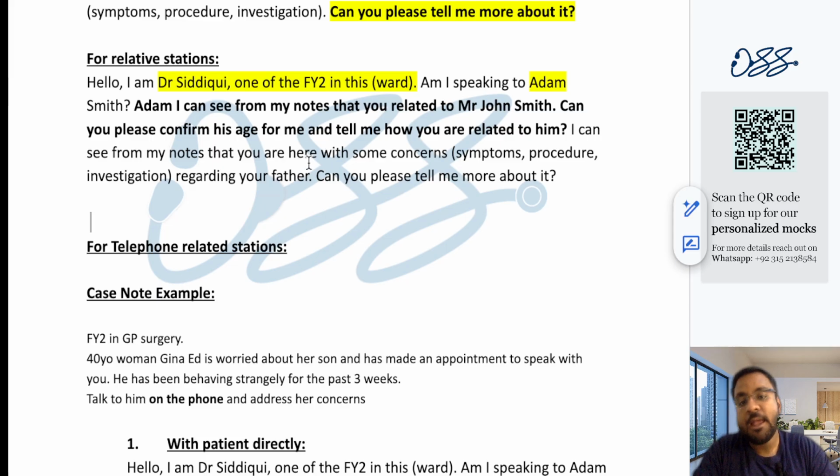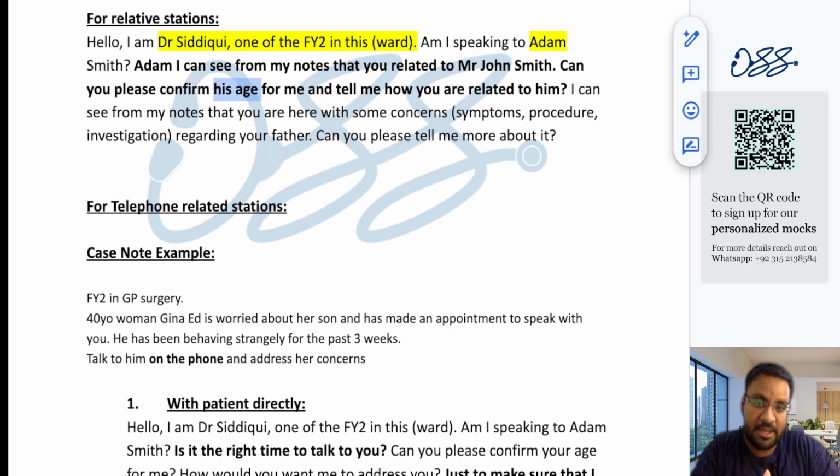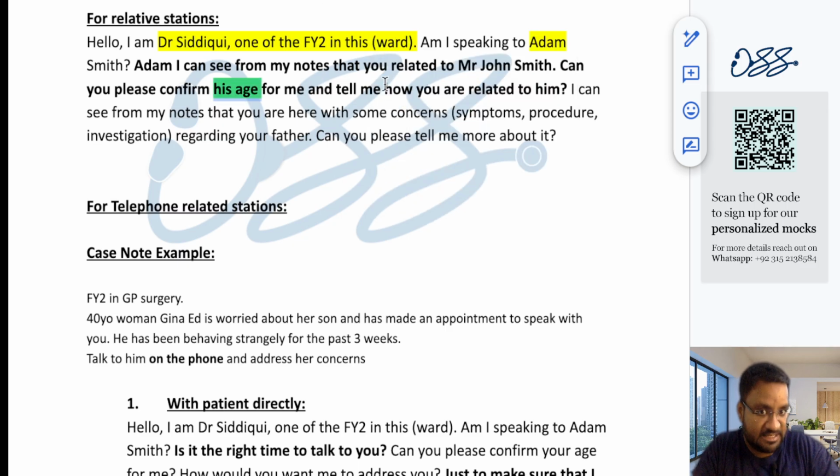Once you confirm that you're talking to the right person, you would have to assess two things. Okay Adam, I can see from my notes that you're related to Mr. John Smith. Can you please confirm his age for me? Number one, the patient's age. And can you please tell me how you are related to him?